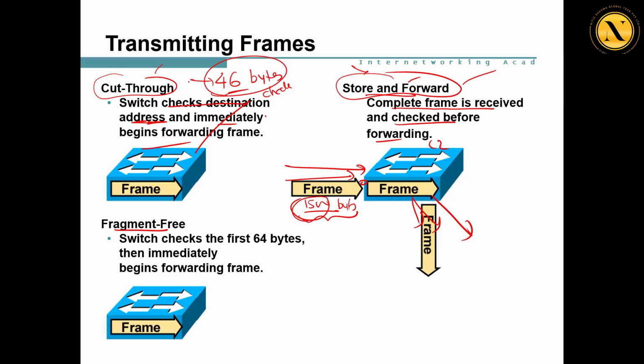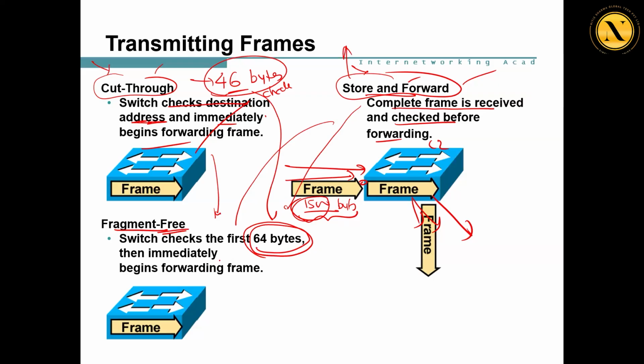So latency is less in cut through and more in store and forward, isn't it? Correct? Yes, sir. And fragment free is a compromise between the two. It takes more time than cut through, but less time than store and forward, because it's going to check the first 64 bytes. Correct?